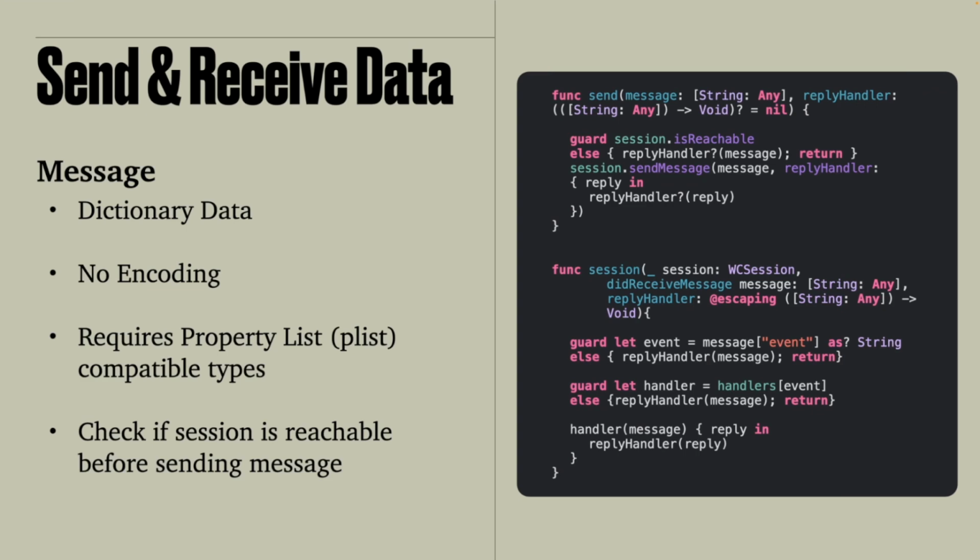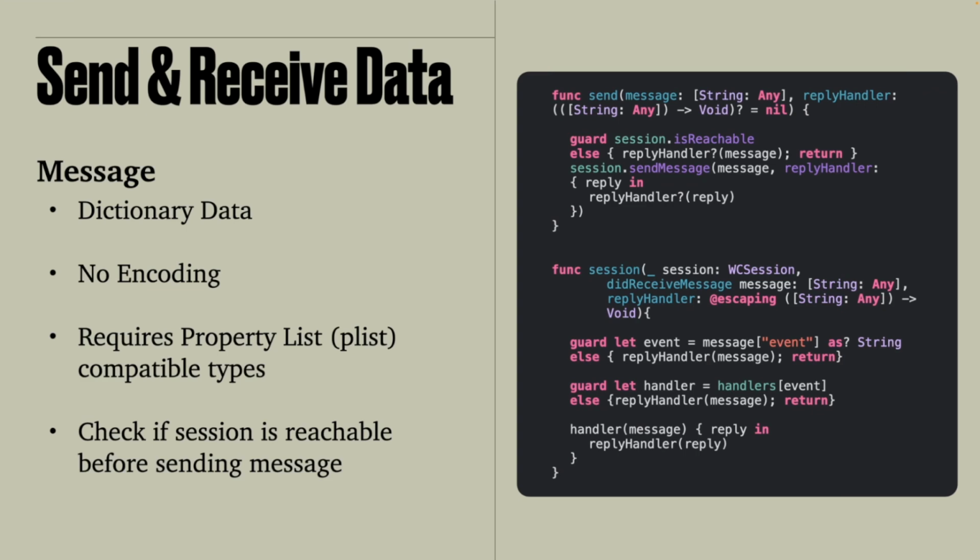And then kind of the same thing with the session. So this is another one of those delegate functions. This one is specifically set up for messages, per that didReceiveMessage tag that's in there.